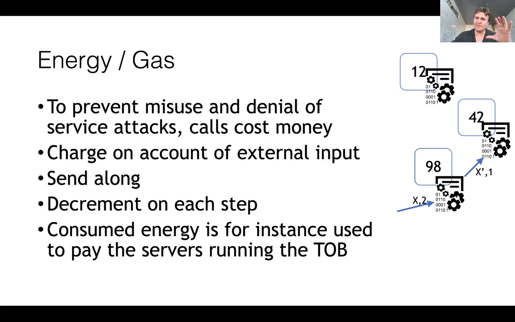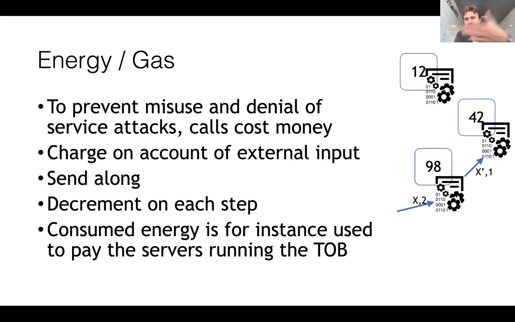Then you take some of the money that came from the gas or energy, and you use that to pay the server that was kind enough to make the next block. So the cryptocurrency is paying for the totally other broadcast channel that's upholding the value of the cryptocurrency. So you get this closed system where the system is paying itself for running.